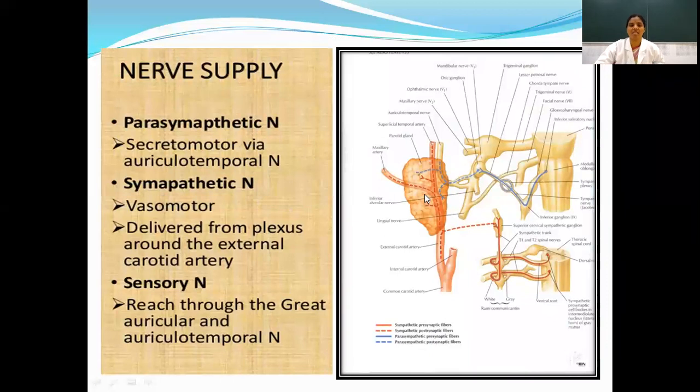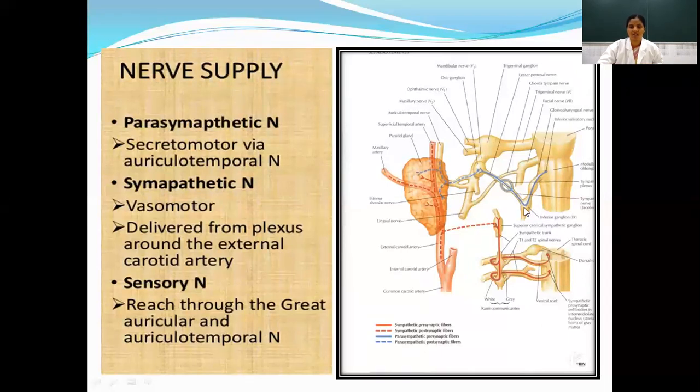Coming to the nerve supply. The knowledge of nerve supply is very important. The secretomotor fibers to the gland are derived from the parasympathetic nerve, via the auriculotemporal nerve. Now in this diagram, we can identify the source of the preganglionic secretomotor fibers. They are derived from the inferior salivary nucleus.